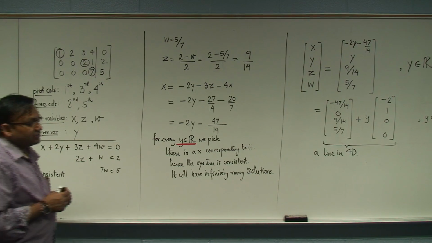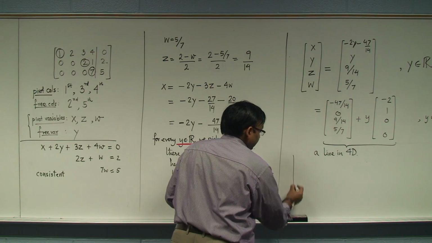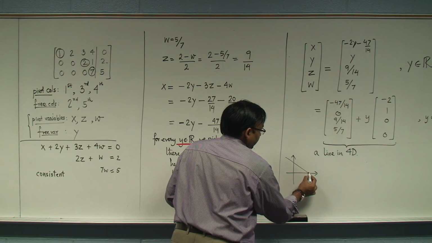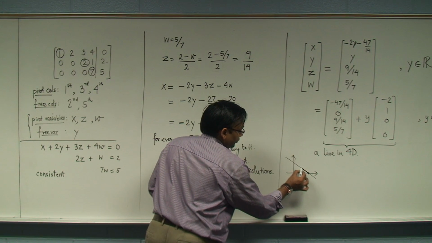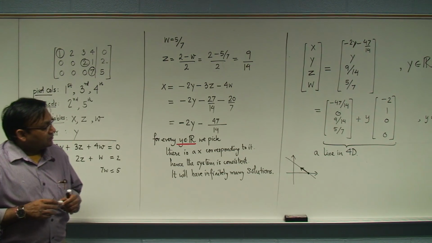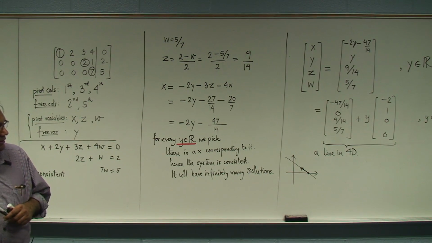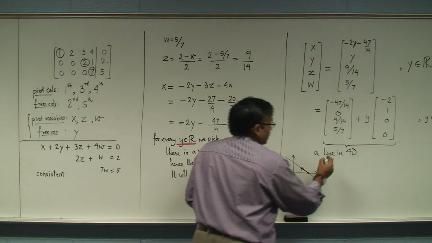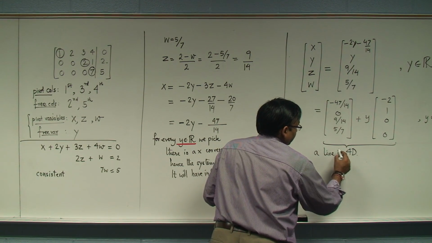Remember, when we are in 2 dimensions, I can tell you about a line if I know a point on the line. So suppose I give you a line in 2 dimensions. All I need to tell you is a point on the line. Any point is good. And as long as I can tell you the vector which lies along that line, would you agree I have given you the complete line? Once I have a particular point on the line and a way to move along the line. So this is the point we will say is my particular point.